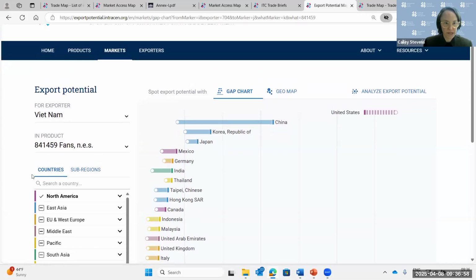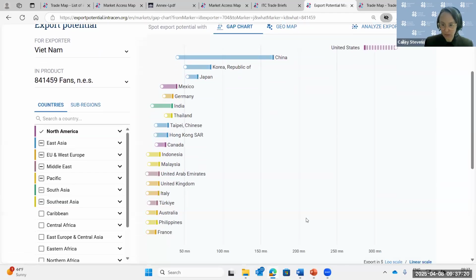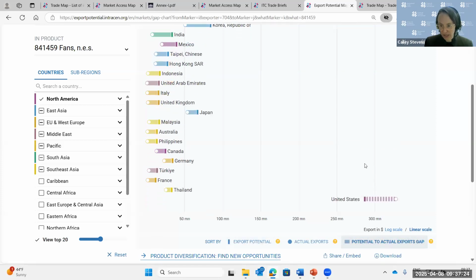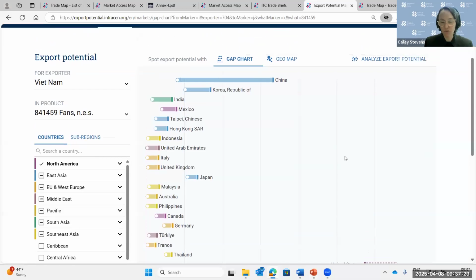Okay, so what we see in export potential map, we are looking at the exporter Vietnam for this product fans, and we are seeing the countries that have the highest export potential for this product from Vietnam. Right now, we are looking at the countries with the highest export potential, but we can also sort by potential to actual exports gap, which actually shows us the markets that have the most room for growth by 2029.